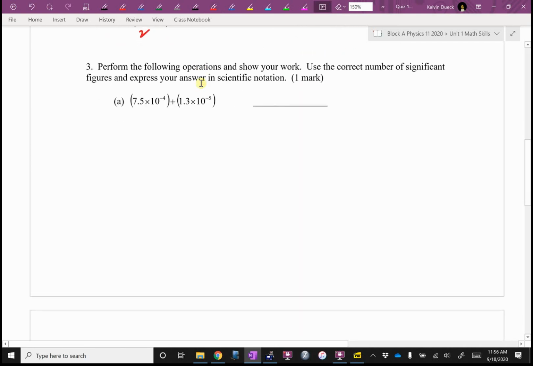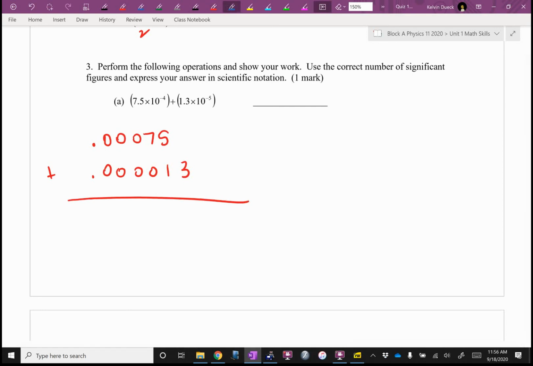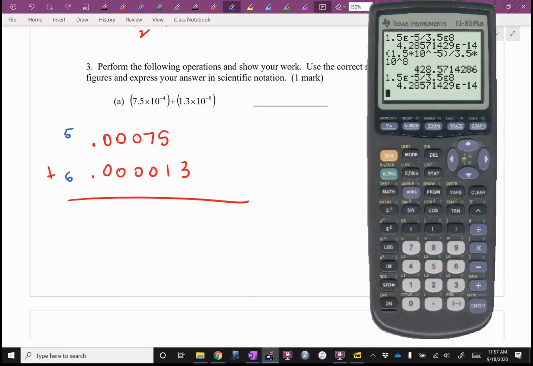So what I actually have to do is unscientific notation this. 0.00075 plus 0.00013. How many decimal places? This went to 5 decimal places. This went to 6 decimal places. I'm going to go to 5 decimal places.